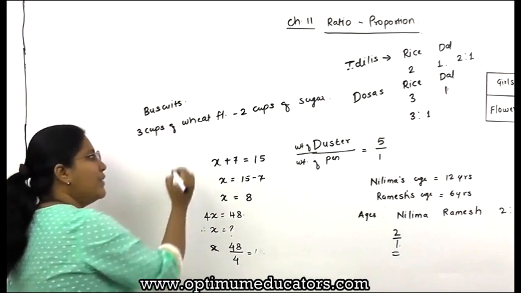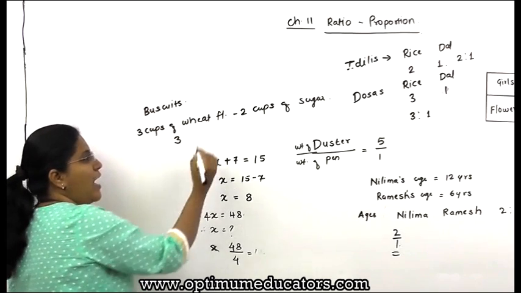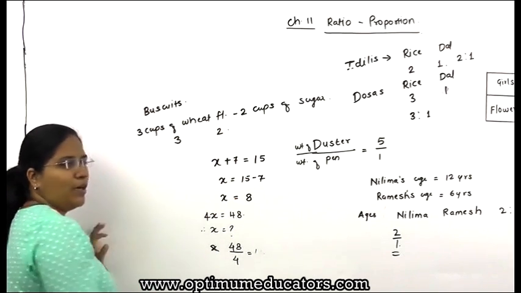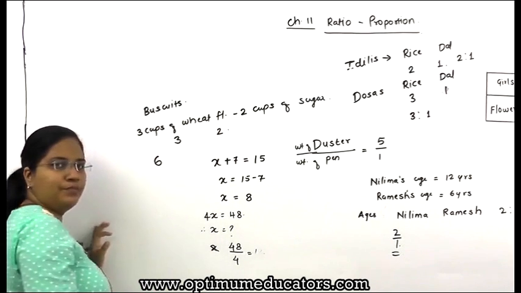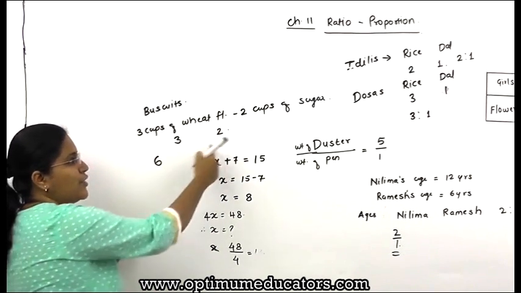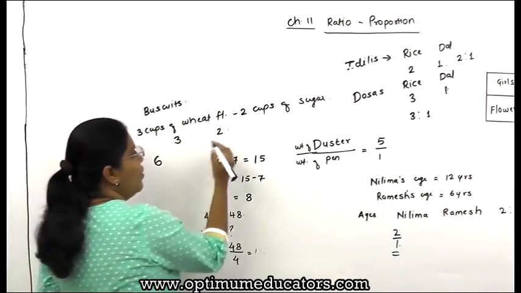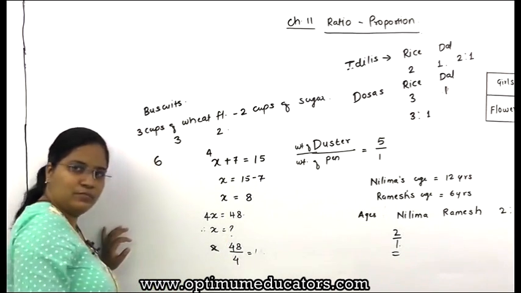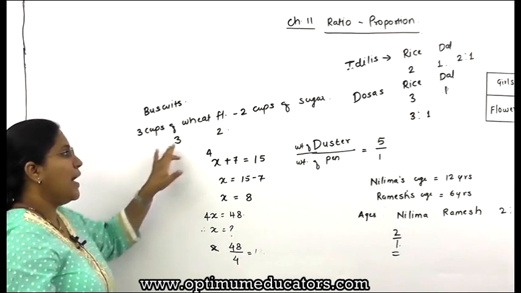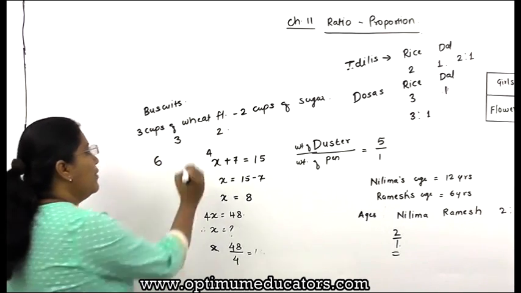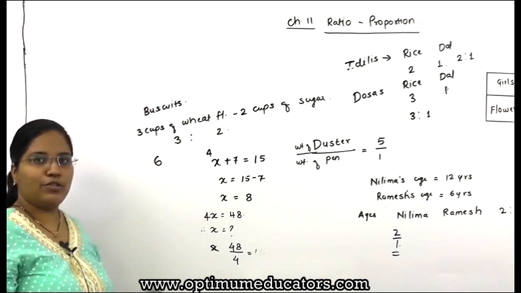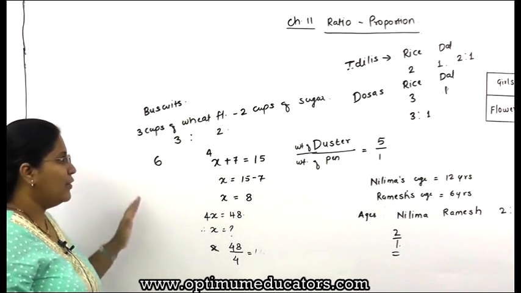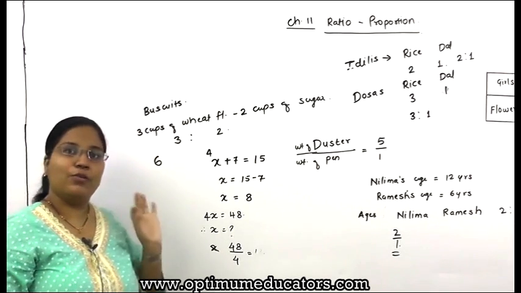For every 3 cups of wheat flour, I must make use of 2 cups of sugar. If I am taking 6 cups of wheat flour, how much sugar must I take? I must take 4 cups of sugar. In either case this ratio has to be maintained, then only your biscuits will be good in taste.